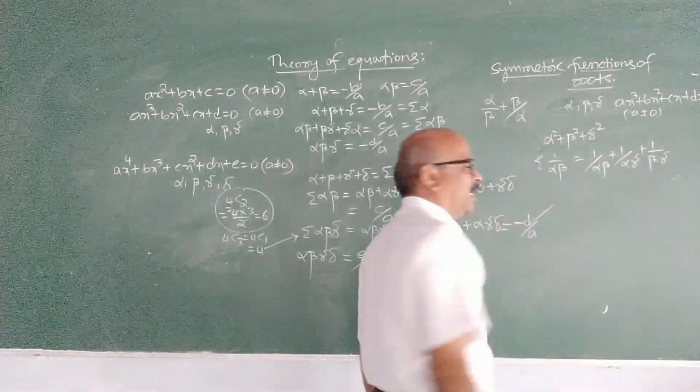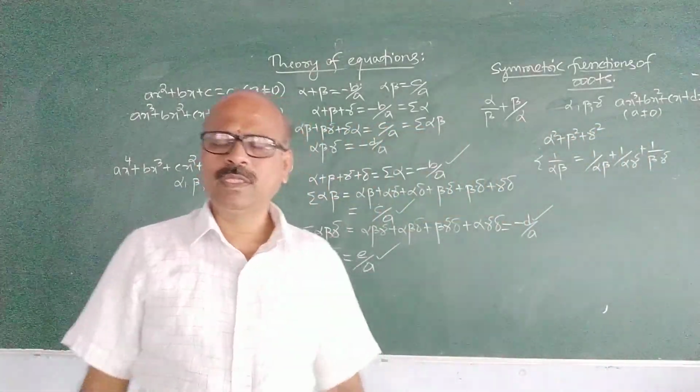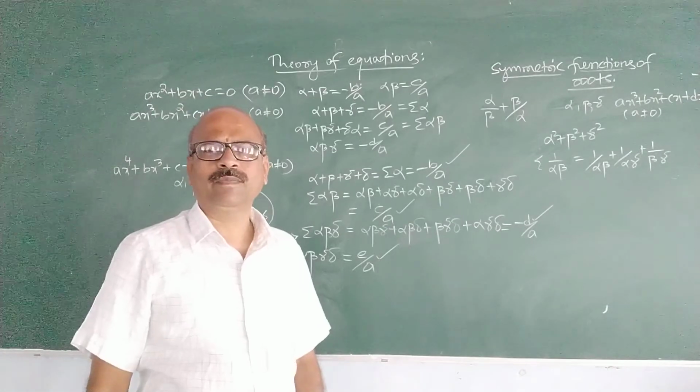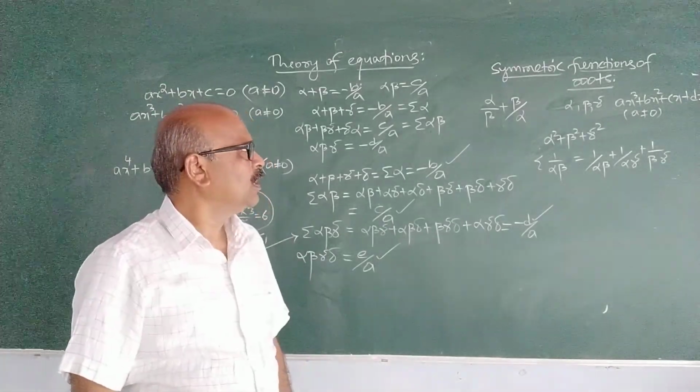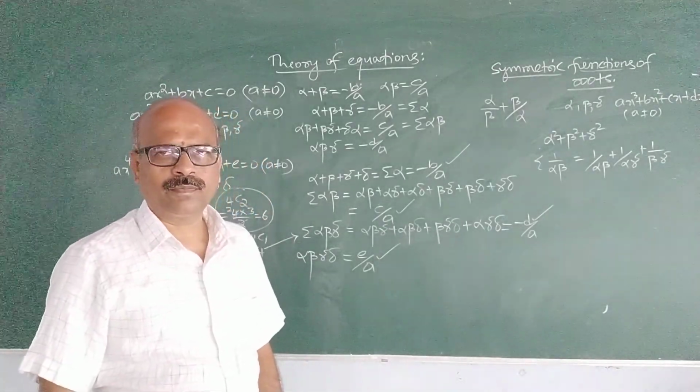If you change alpha, beta, gamma in the cyclic order, this expression doesn't change. Such expressions are called symmetric functions of roots.